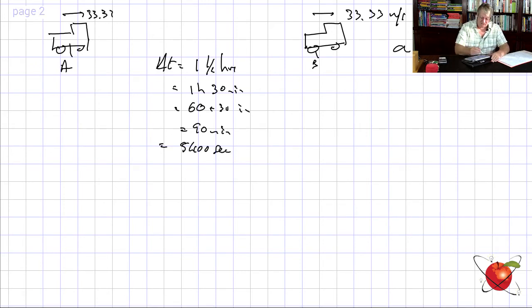And then on our little diagram, what do they want? Displacement. They want to know delta x. That's over 5,400. I just forgot to put that there. So, what is the displacement?